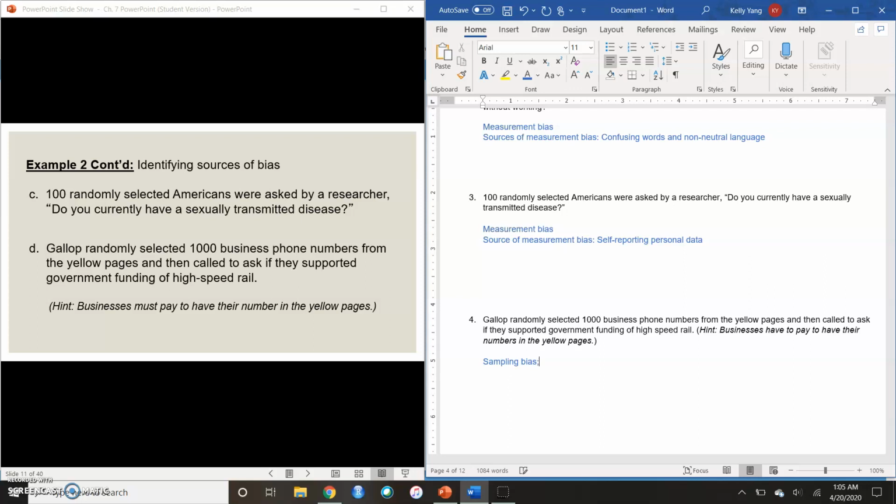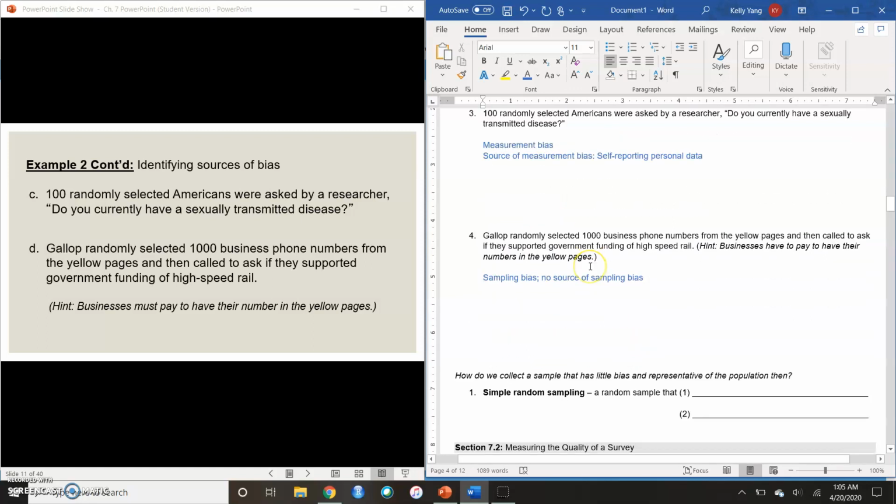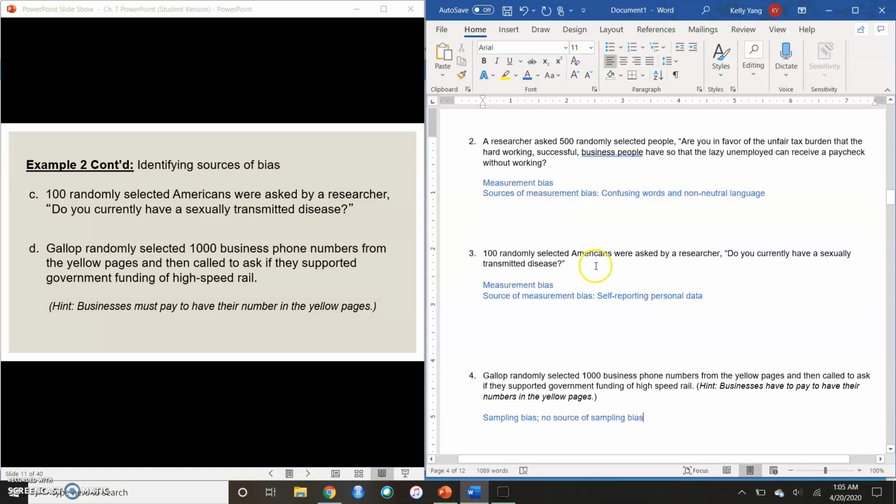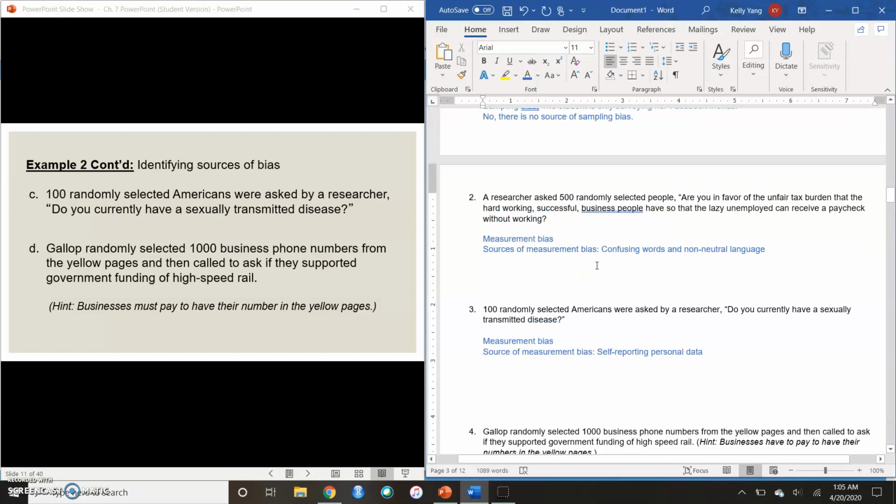In terms of the source, I would say there's no source of sampling bias. Hopefully these 4 examples demonstrated how to identify whether there is bias or not, what type of bias between measurement and sampling, and for each type of bias, whether you can identify a source of the bias.